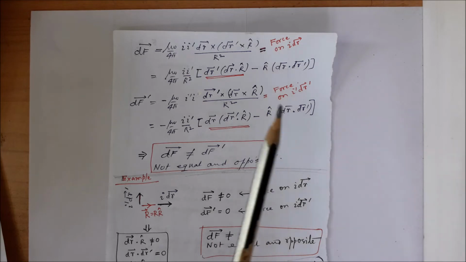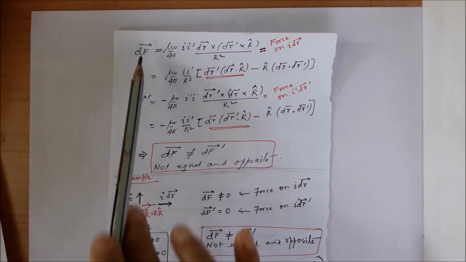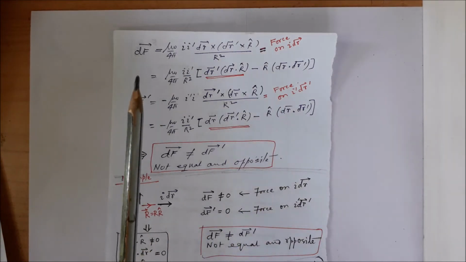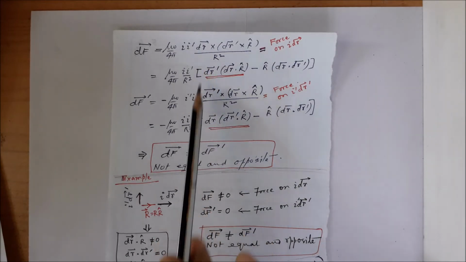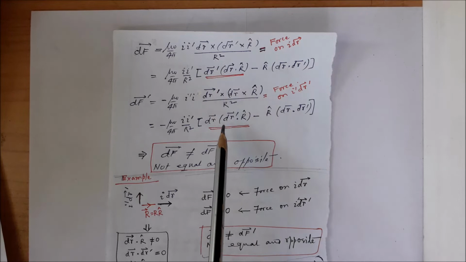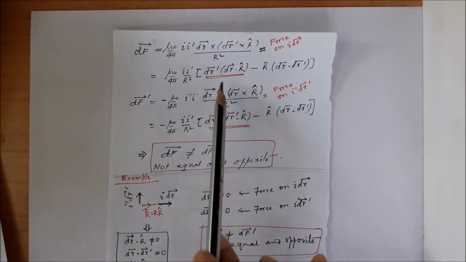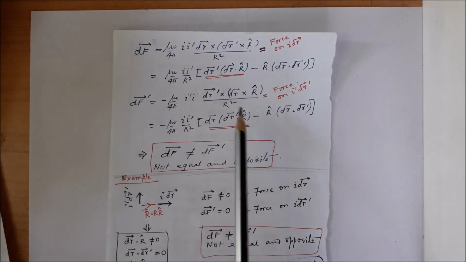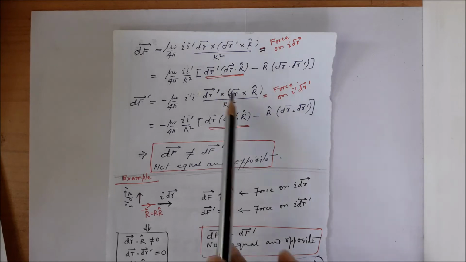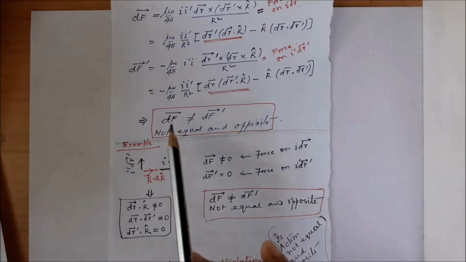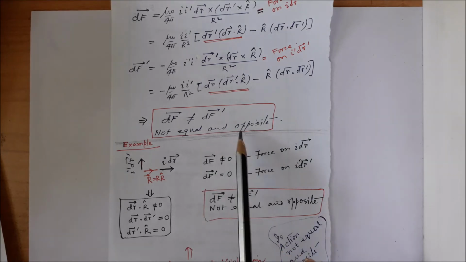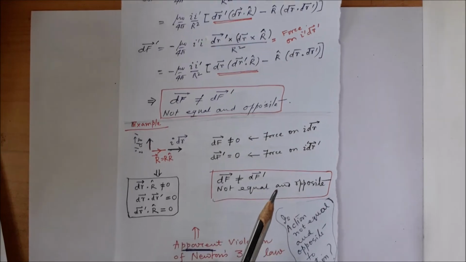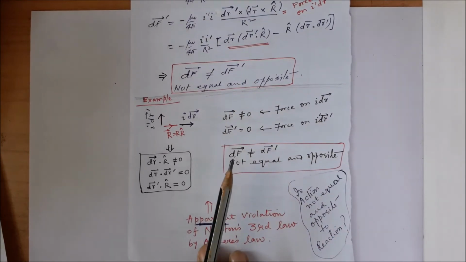But what prevents this force from being equal to this force is the presence of the first term. In the previous case, due to an integration, this term turned out to be 0, but here it cannot be put 0, and therefore we end up with this result that df and df prime are not equal and opposite. Let us mention an example to highlight this point.